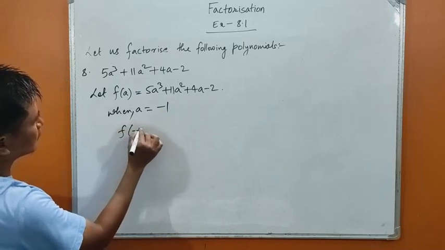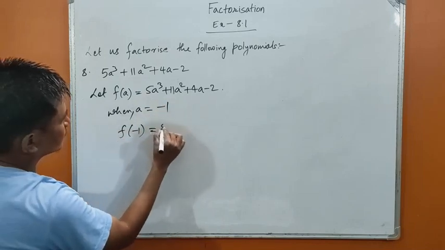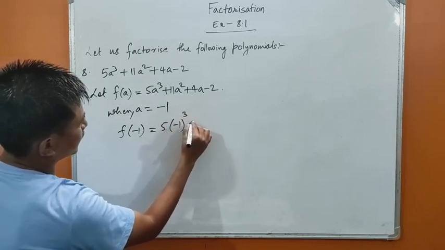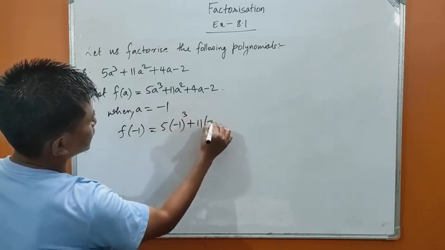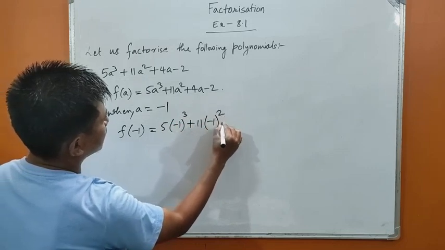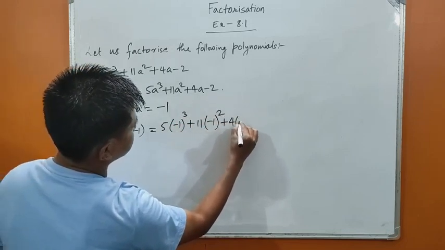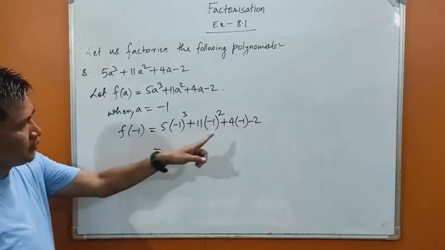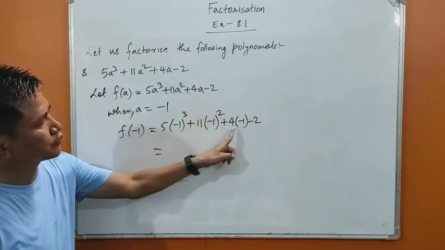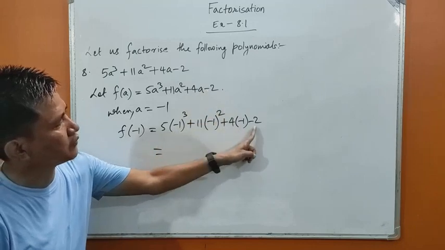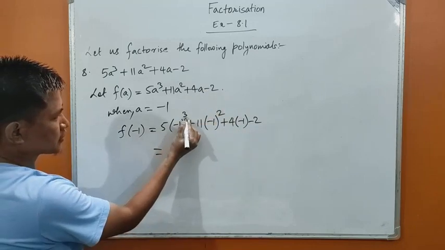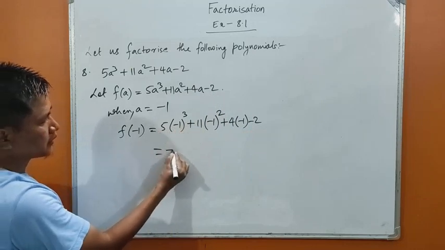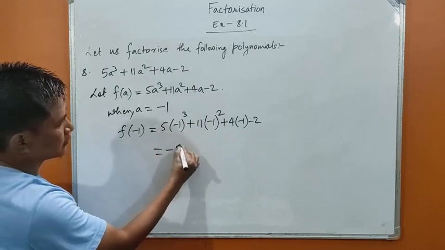f(minus 1) gives 5 into (minus 1) whole cube plus 11 into (minus 1) whole square plus 4 into minus 1 minus 2. Since the power is an odd number, the sign will remain minus, so minus into plus becomes minus. 5 ones are 5.